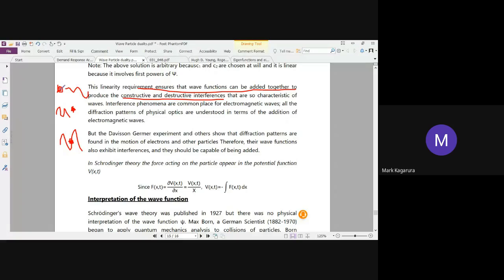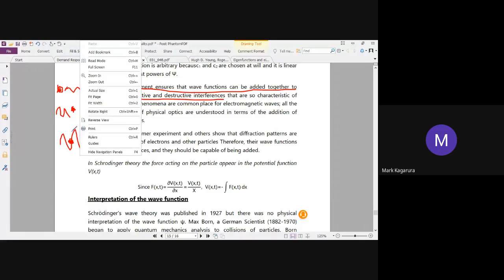You have particle, and then the wave has been generated from the particle, and then you have the particle and the wave existing at the same time. This picture here is the most accurate in terms of what the wave function and the particle are.